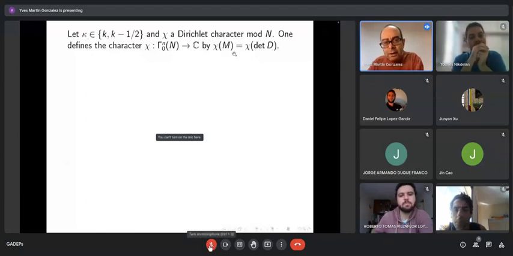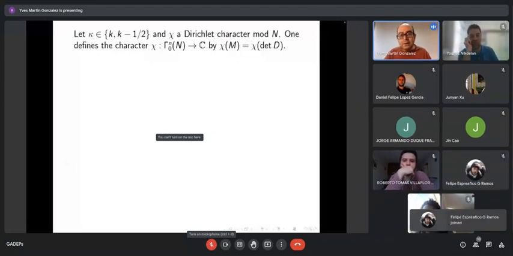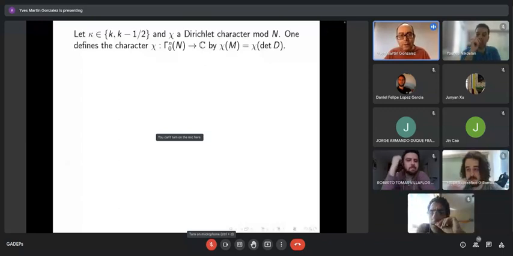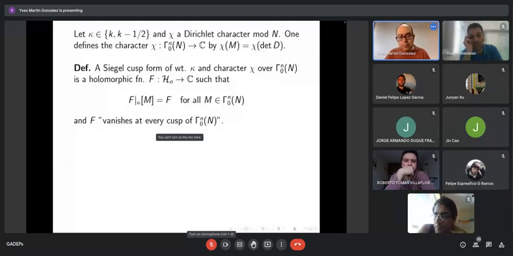And now we can define the main role in this situation. A Siegel cusp form of weight kappa and character chi over the group gamma 0 N is any holomorphic function from Hn to C, such that when you act with the group gamma 0 N, you leave the function invariant.